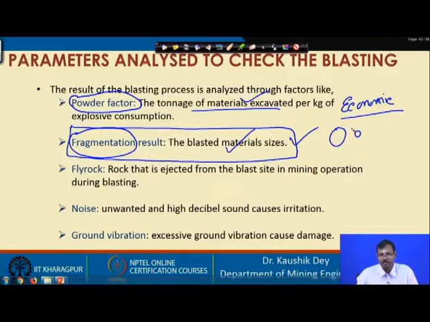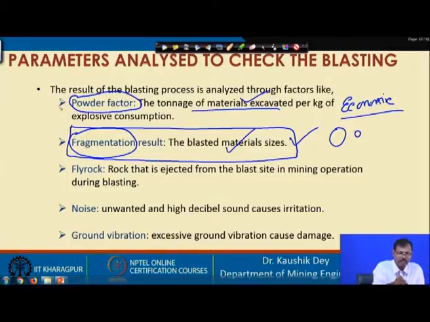It may need to be larger, where a lump size is required in our plant, or it must be finer, where the mineral has to be liberated from the ore. All those cases are considered when we consider the fragment size distribution.